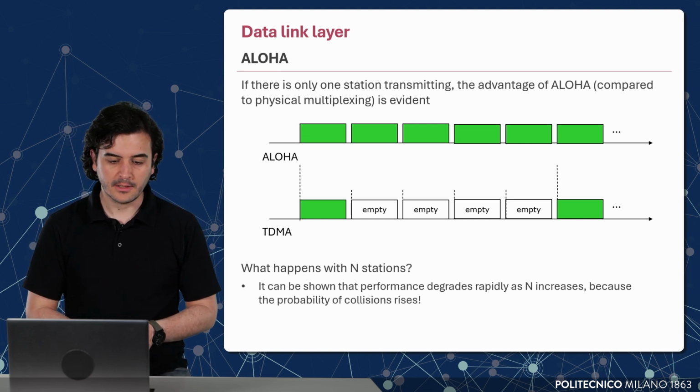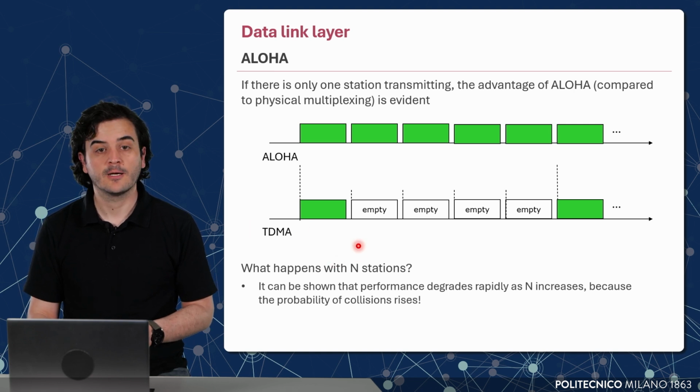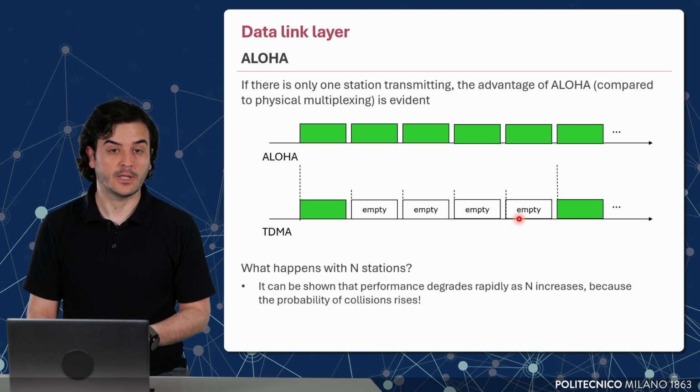However, this protocol could make sense in case we are dealing with a single station that is transmitting. If we are dealing with multiple stations, this might be a problem. If we employ multiplexing in time, for example, TDMA, which we defined previously as time division multiple access, you allocate a time slot to each different station, in this case 5.